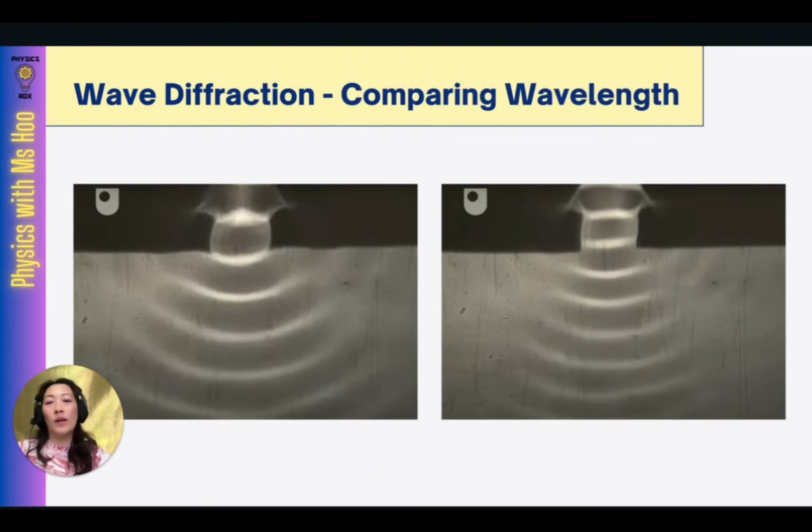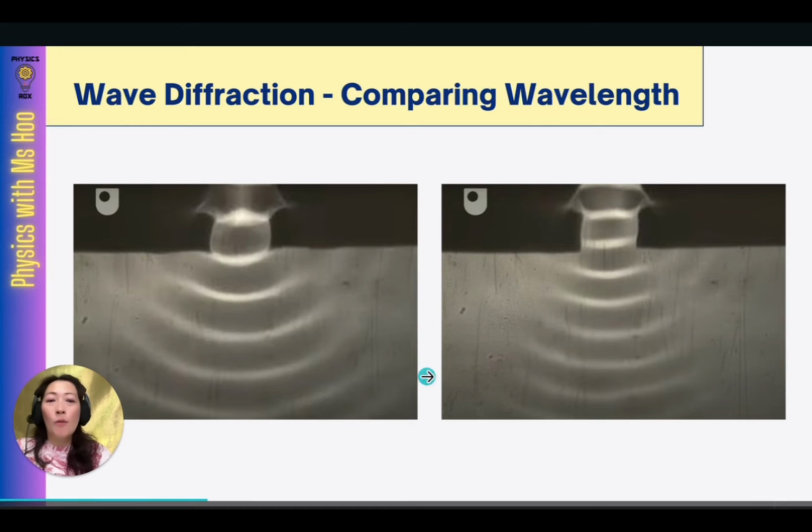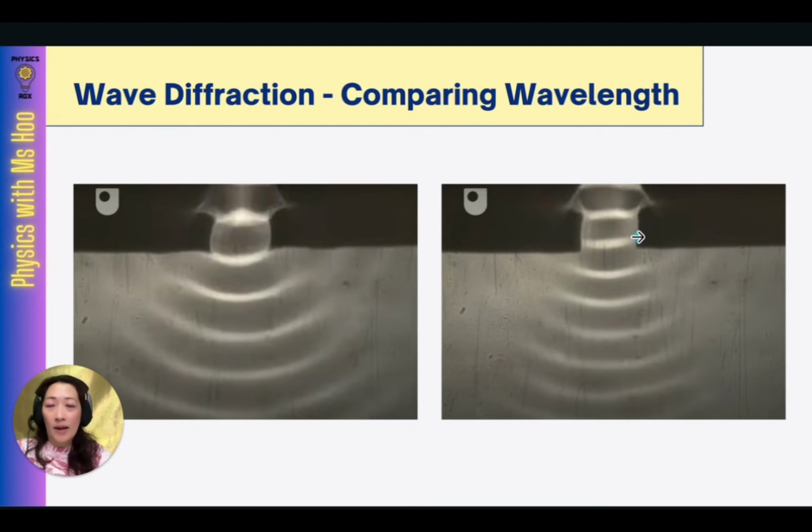Starting first with comparing the wavelength. As you can see in these screenshots, both of these images are showing us gap sizes that are the same. However, the wavelength of the waves are different. The wavelength on the left side is longer compared to the wavelength on the right side. Now look at the spread of the waves that have undergone diffraction.